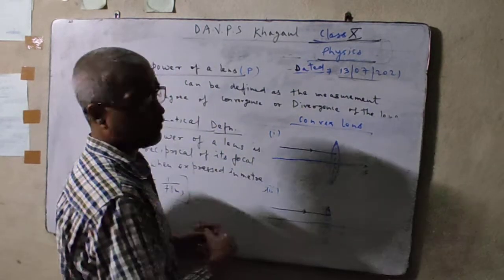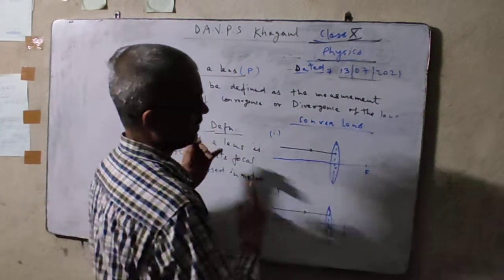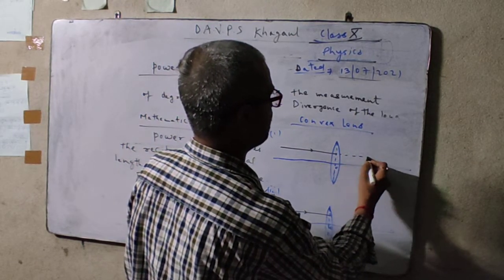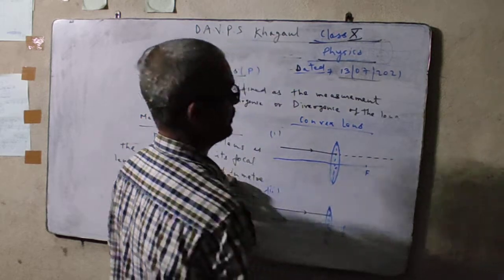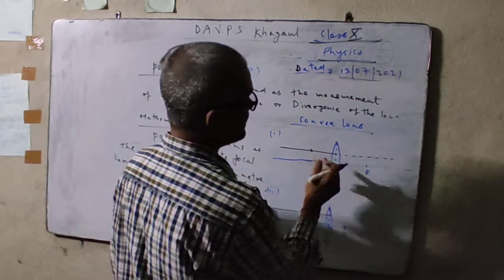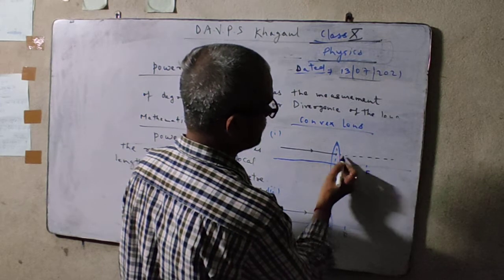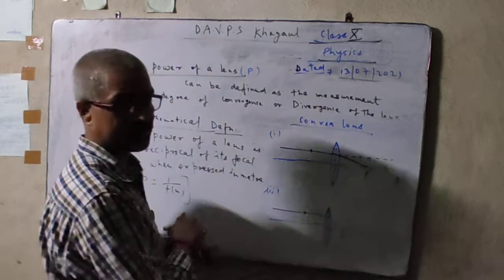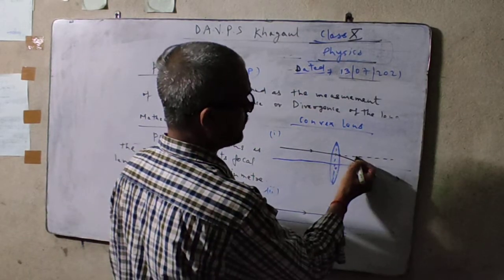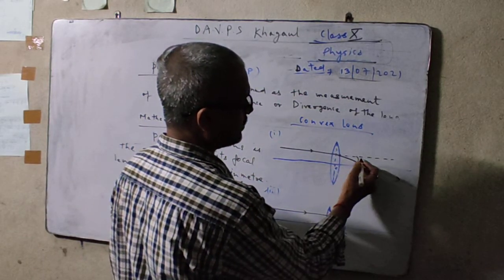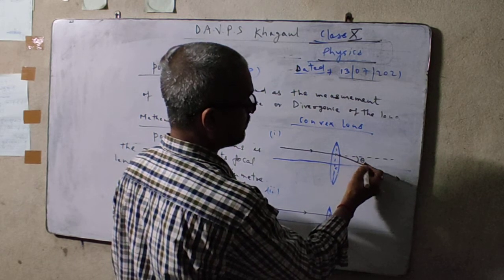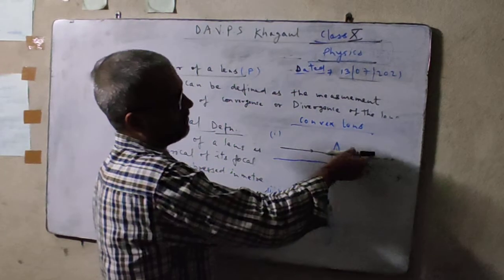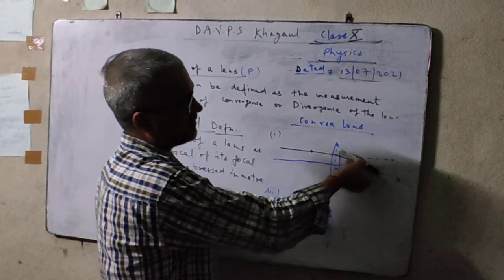See, if there would be no lens, the light rays would have traveled like this, but due to the lens it converges and passes through the focus point. So this is actually the angle of deviation that this convex lens is producing, or through θ1 it converges.